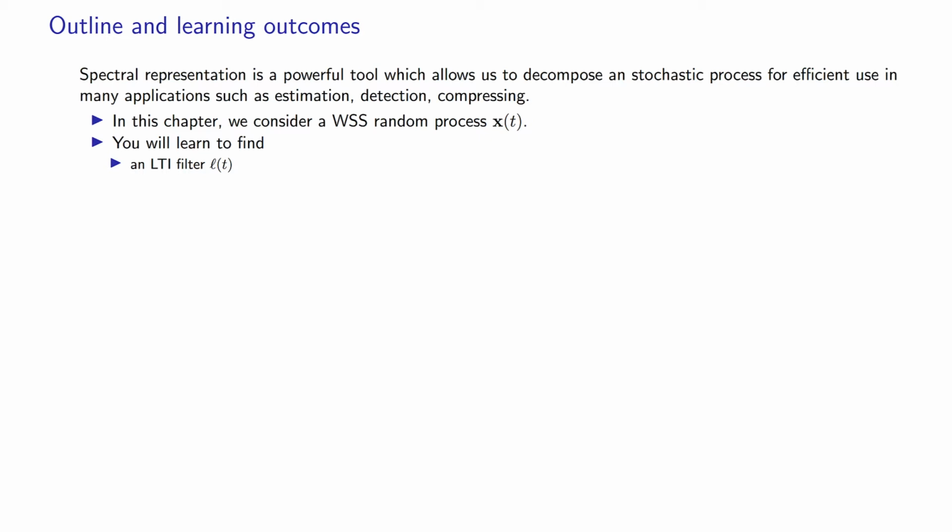So we will learn how to find an LTI filter which has an impulse response of L of t. Using this LTI filter, which is not random, and a white noise: if you have a white noise I of t given to this L of t, then it will produce x of t.